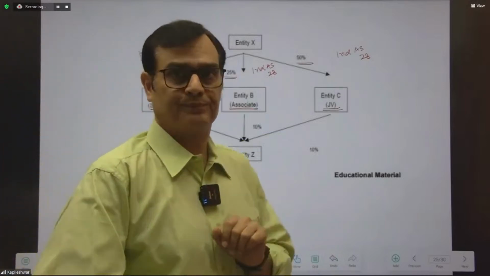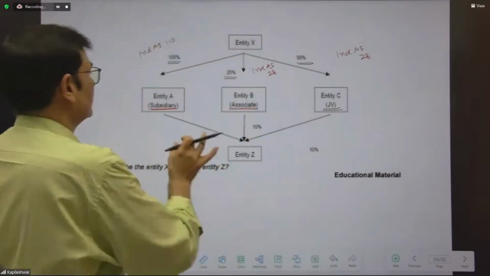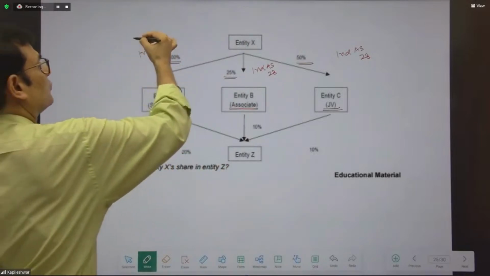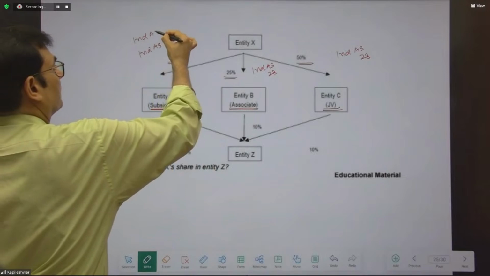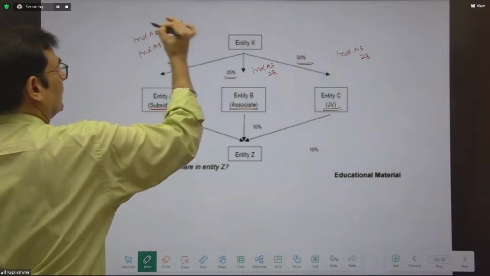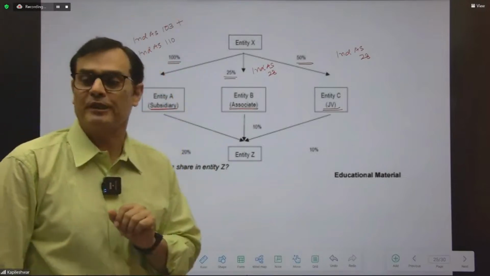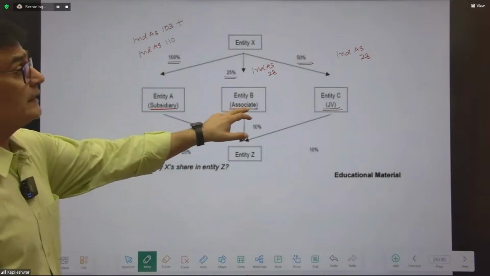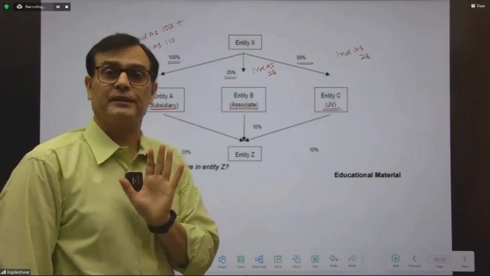So he would consolidate the subsidiary applying 110. And of course, the first time he would have also applied Ind AS 103 for the one-time acquisition accounting entry. So associate under Ind AS 28 and a joint venture under 28.